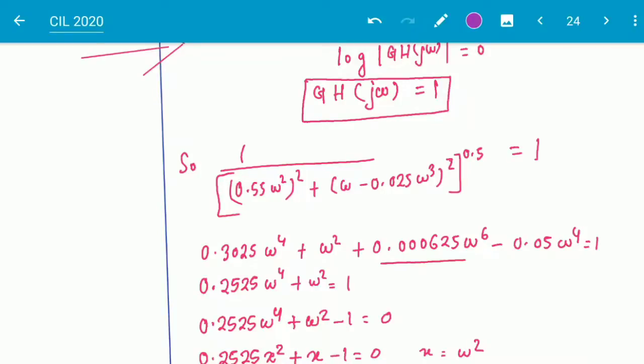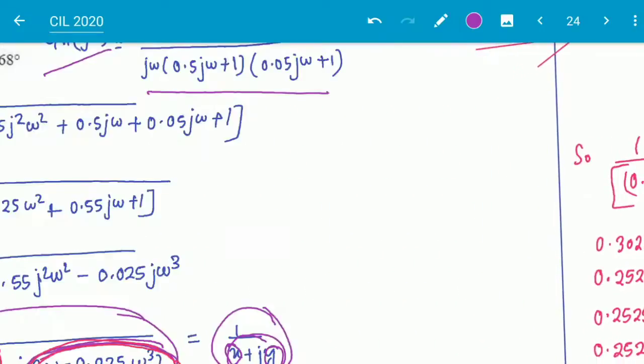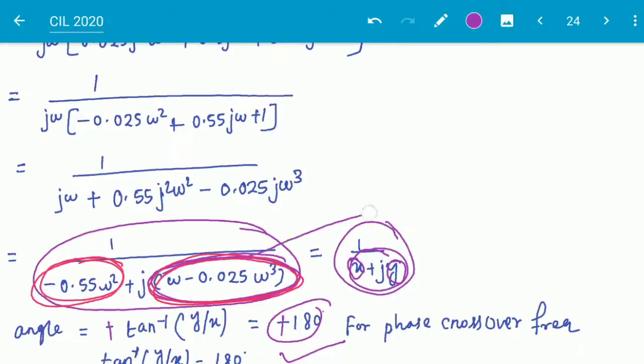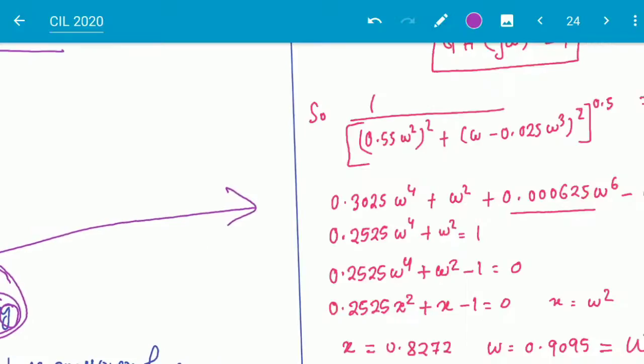So the whole term is the magnitude term we have found out from here, and we have to put it here.